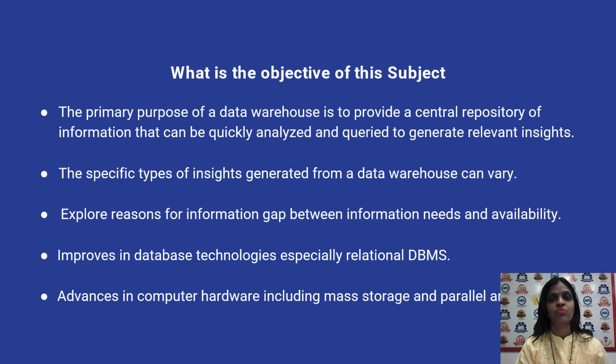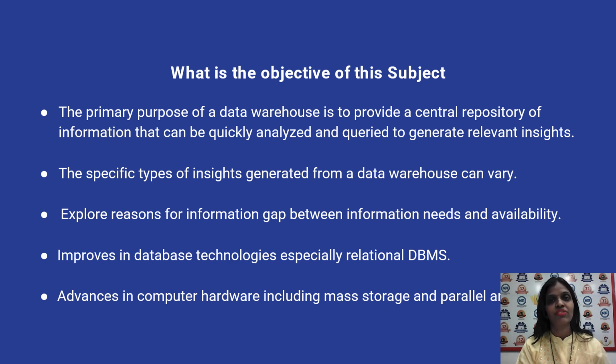Next is, what is the objective of this subject? The primary purpose of a data warehouse is to provide a central repository of information that can be quickly analyzed and queried to generate relevant insights. For example, if a company has 4 branches in 4 different cities like Nagpur, Mumbai, Pune, and the central office of the company is located in Delhi, and the central office wants to retrieve information from all the branches, each and every time the central office might have to make contact with all the branches to extract the information of the employees.